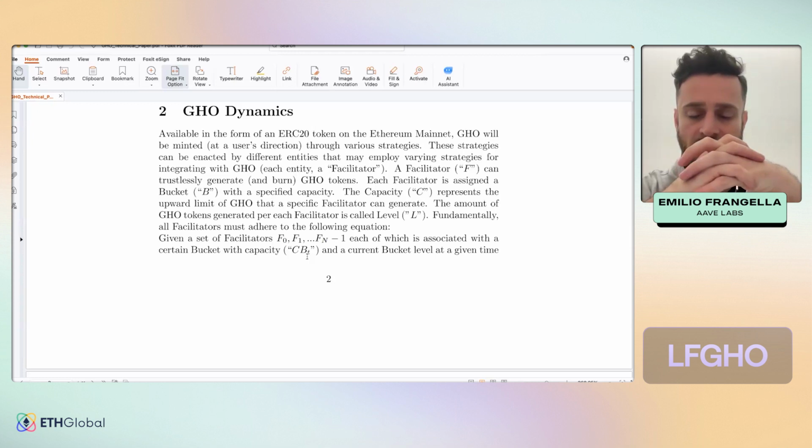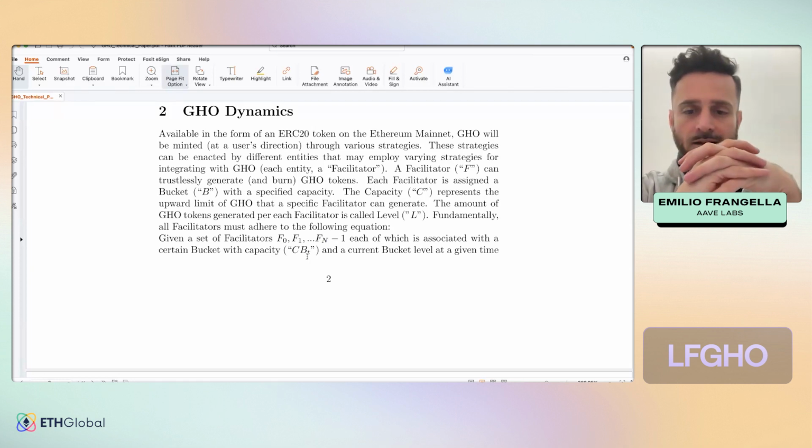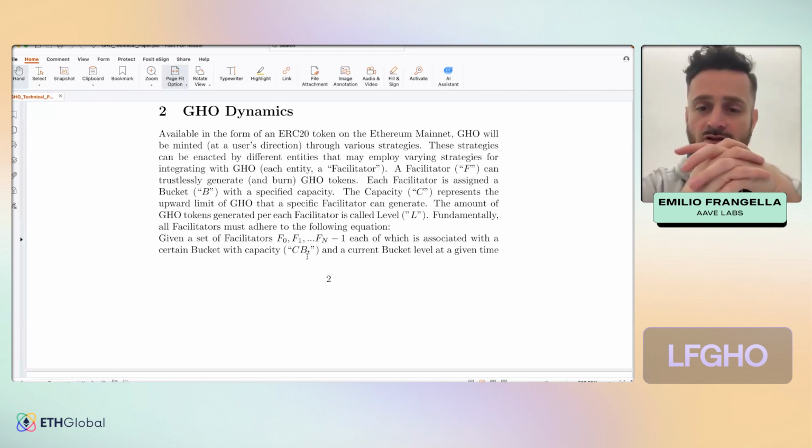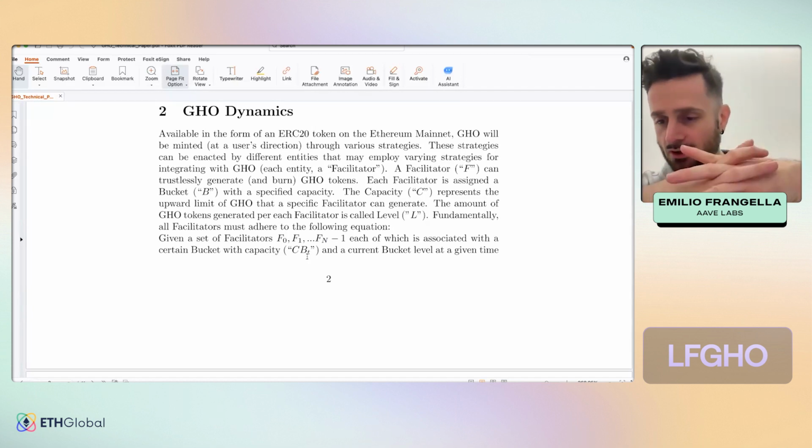So I always say that the first true use case for a stablecoin, immediately after it's launched, is the capability to swap it for other stablecoins.